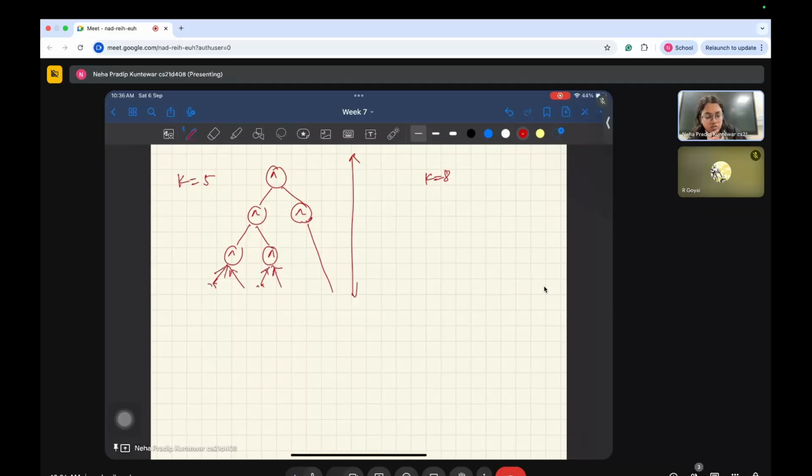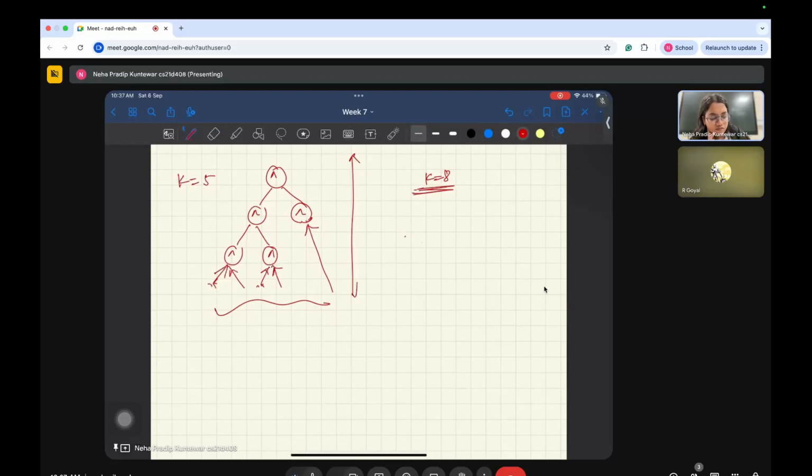So that means the height that we ended up increasing was by a factor of log 8 in this case. But even this is not clear. K equal to 5 would mean that we have been given five inputs, and then we are breaking it in the binary tree form. So K doesn't become 8.